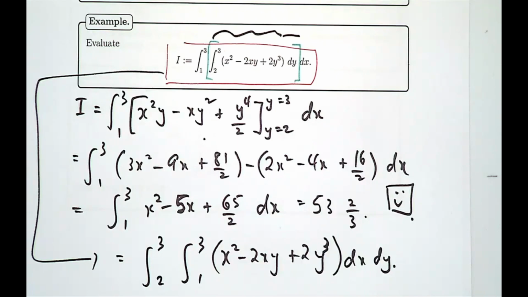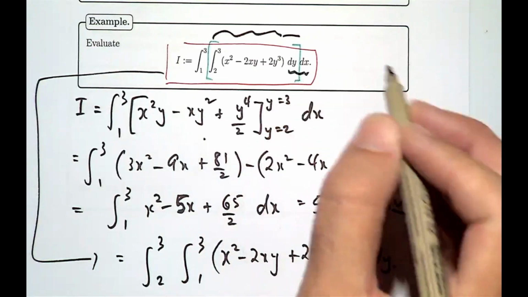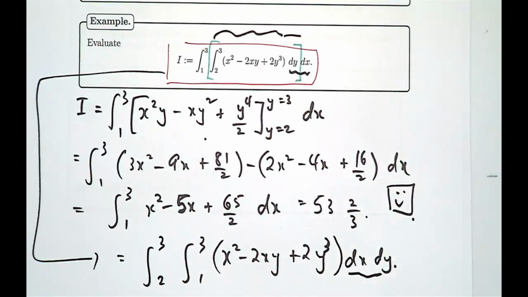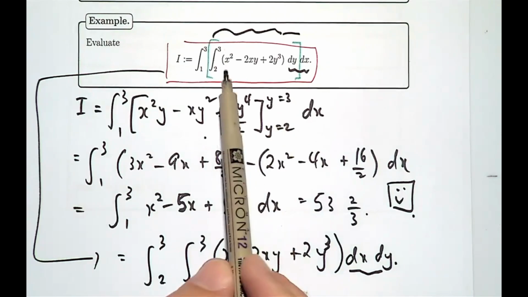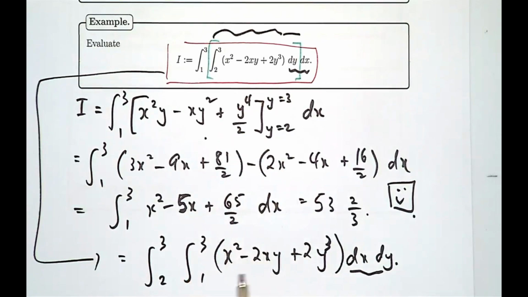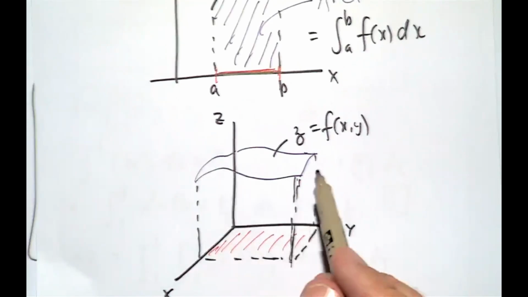So basically what we're doing is, okay, let me give you another idea here. This here and this here, they're kind of representing the area of the base, right? And this thing here is the height of the surface.